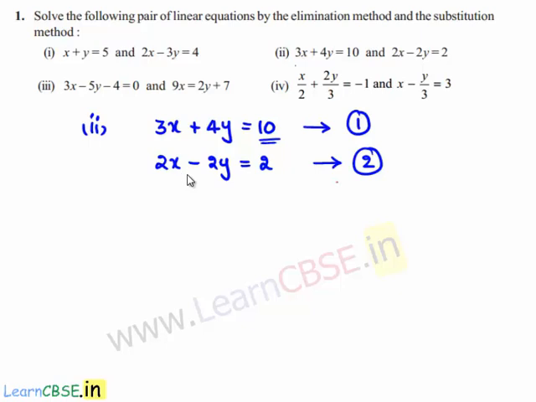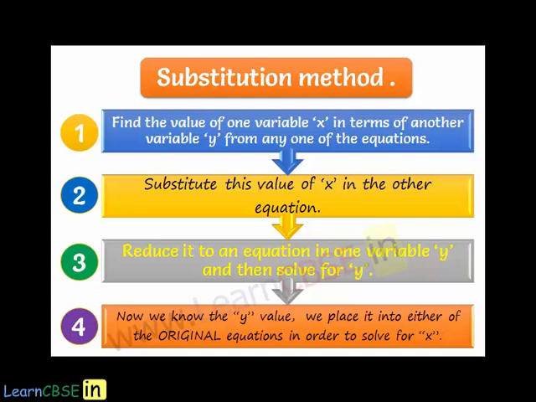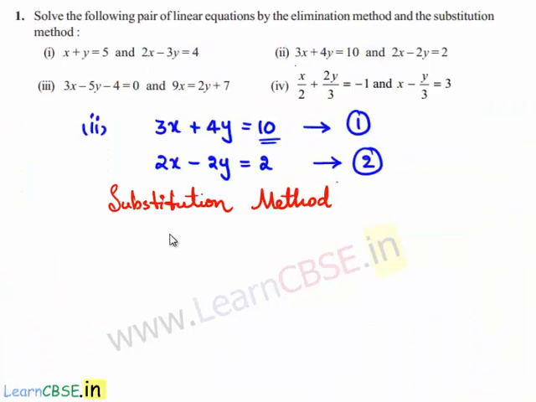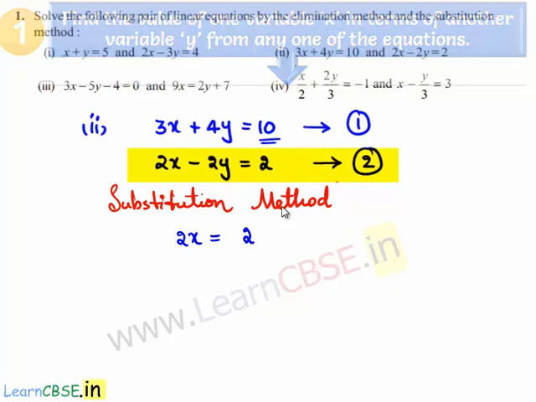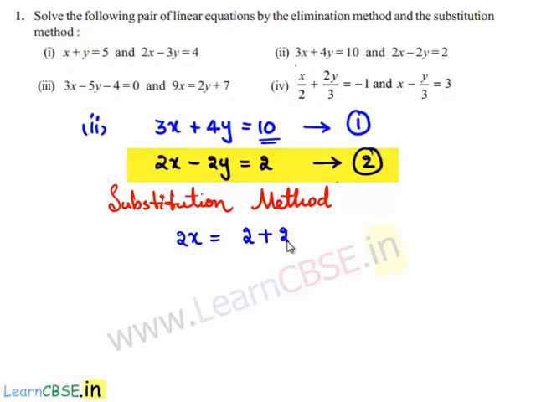Now let us solve the given pair of linear equations by the substitution method. So the second equation can be written as 2x is equal to 2 minus 2y. Transposing to the right hand side, we will be getting 2 plus 2y, and x is equal to 2 plus 2y divided by 2.